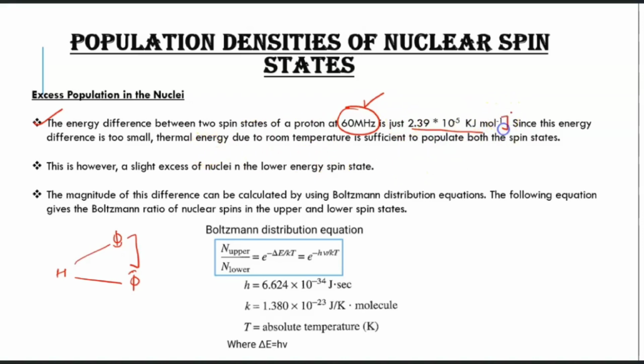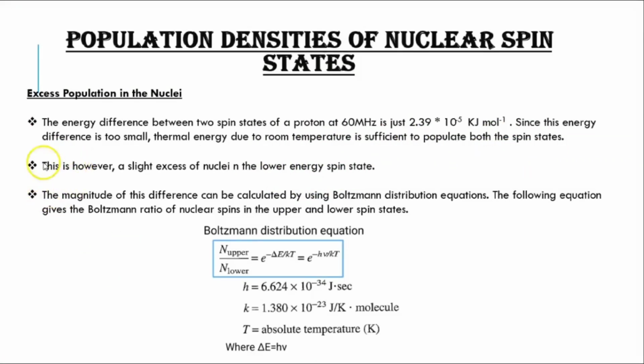This is the value you will get for a proton at a 60 megahertz instrument. In that case, since this energy difference is way too small, the thermal energy due to room temperature that is available to us is only sufficient to populate both the spin states. Right? Correct. So there is, however, a slight excess of nuclei in the low energy spin state.